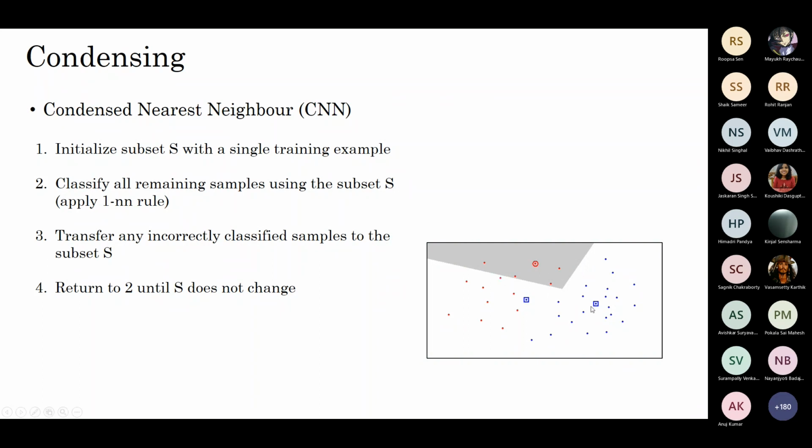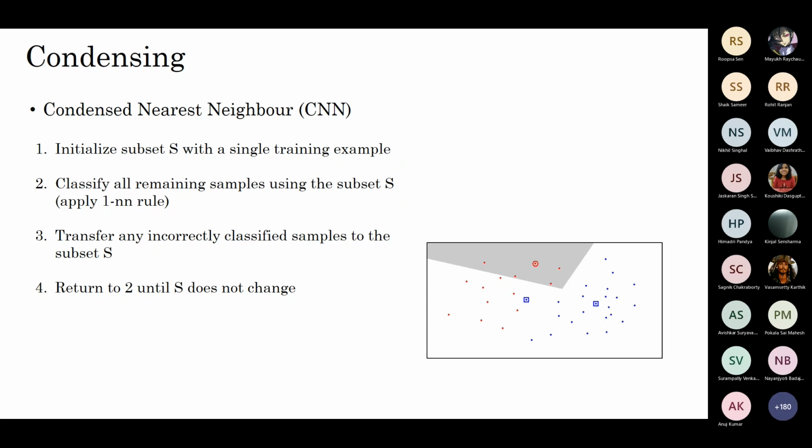For this point, the nearest neighbor seems to be the red one. Is this clear? Yes, sir. Now this is a misclassification, because your true label was green, but because of set S you are telling that its label is red. So you include it into set S. Make sense?